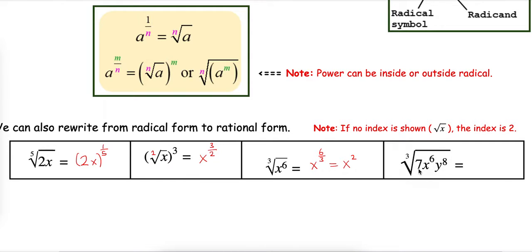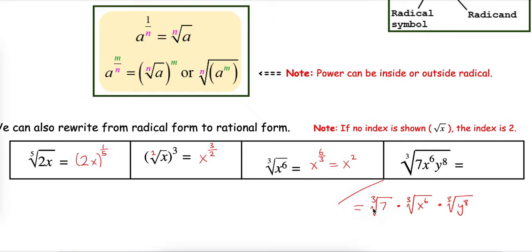So we can look at this by breaking up all of this product inside the radical, and we can say this is equal to the cube root of 7 times the cube root of x to the 6 times the cube root of y to the 8th, right? So we can break that up. This is the same kind of idea as the square root of a product is the product of the square roots that you might have heard during studying square roots.